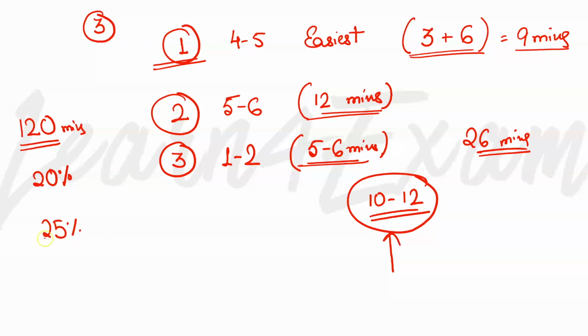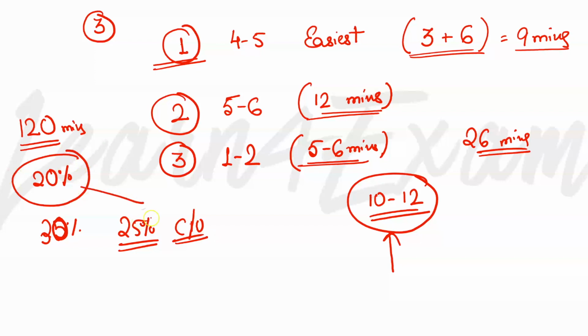This is essentially not 20, but I would rather say 30% aroundish. But still, to be on the safer side, consider this to be 25% of the cutoff. So essentially in 20% of time, you are getting 25% of the cutoff. And this is how you approach the quantitative ability section.